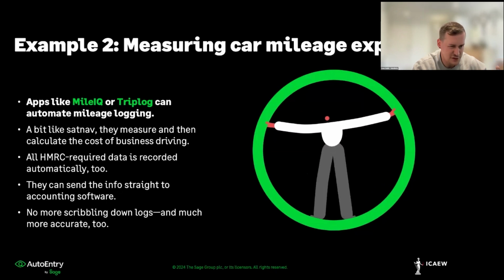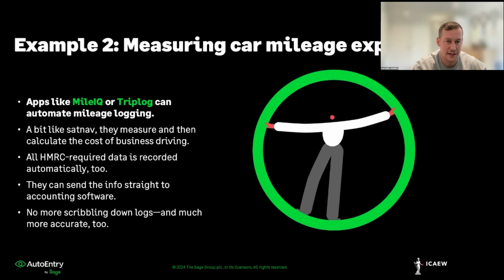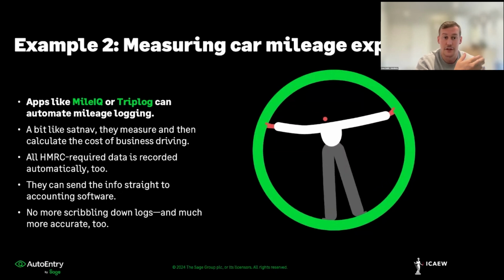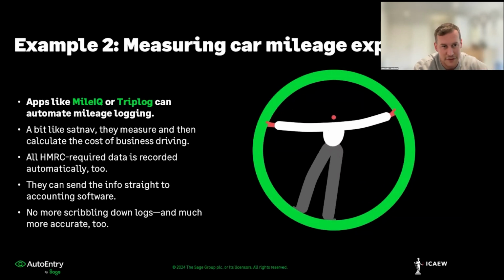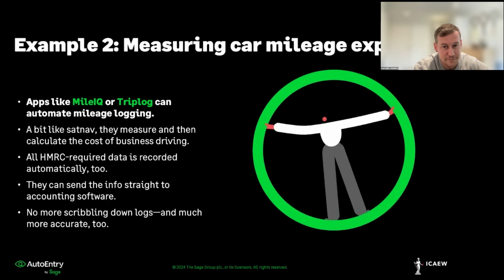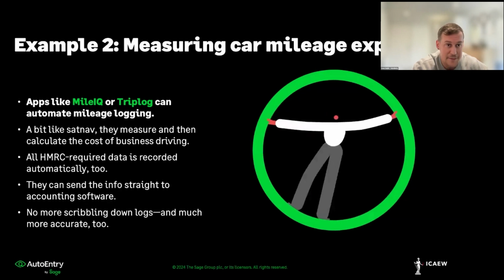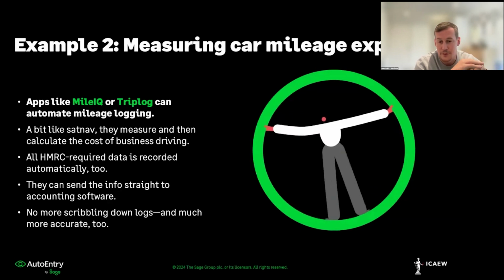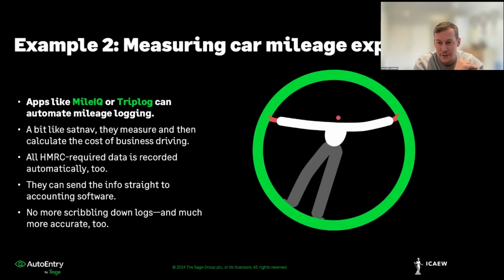So it's pretty much always the route I end up taking. Then I can press if it's a return journey or not, and it calculates the miles for me, and it puts it through at the approved HMRC rate.